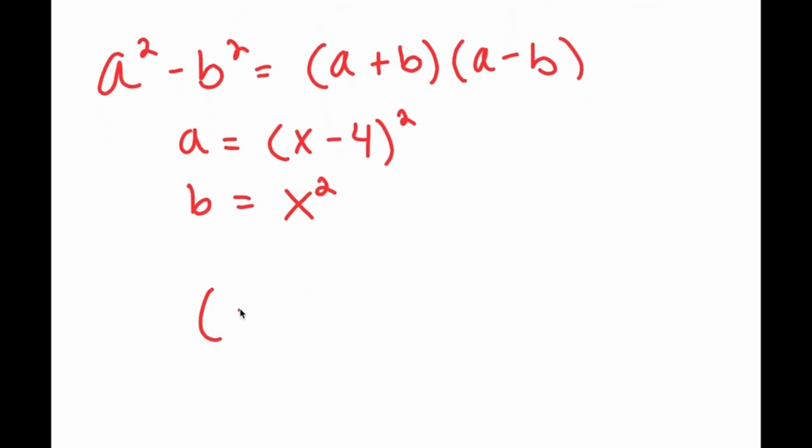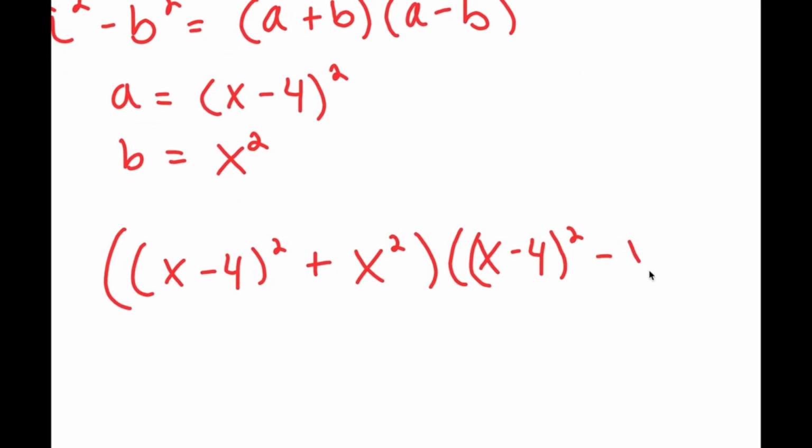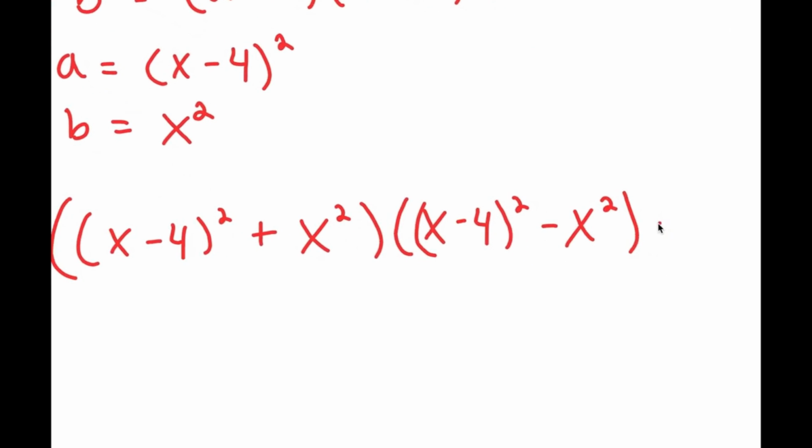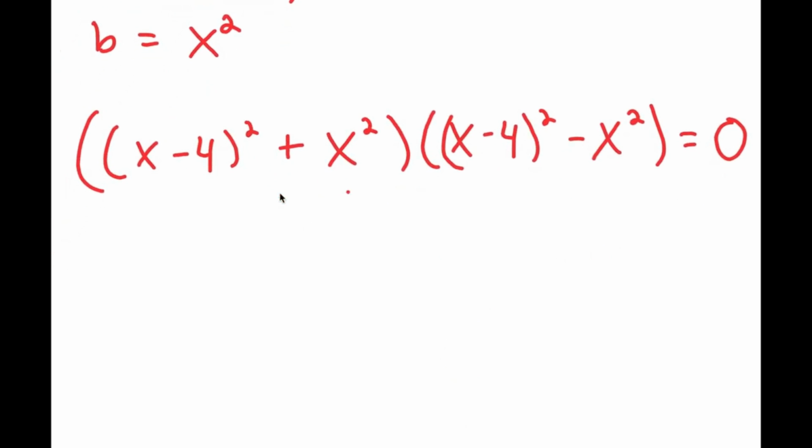So this turns into x minus 4 squared plus x squared times x minus 4 squared minus x squared is equal to 0. Now from here, I'm going to expand x minus 4 squared.